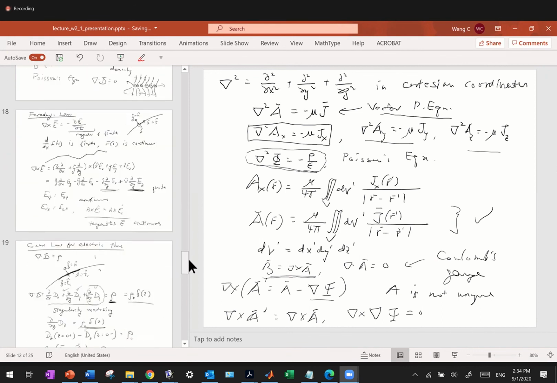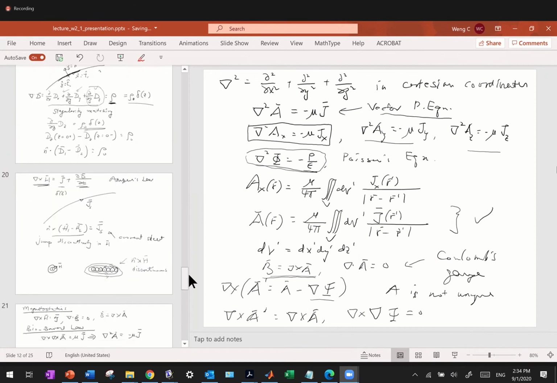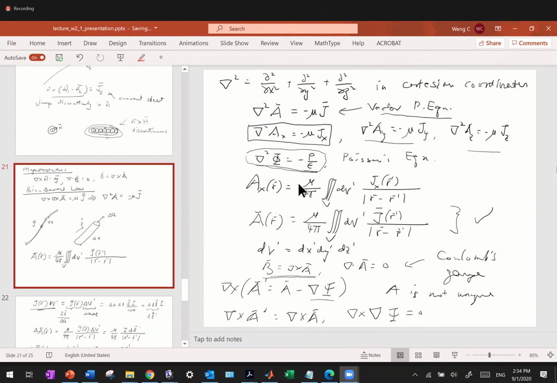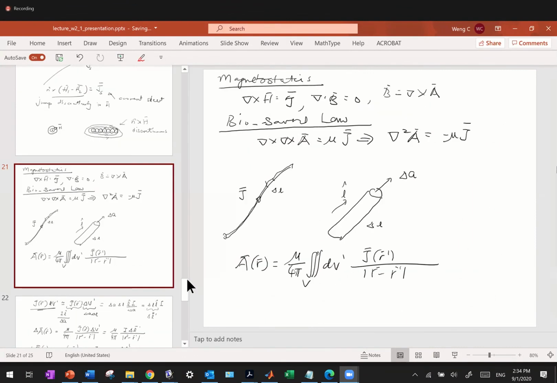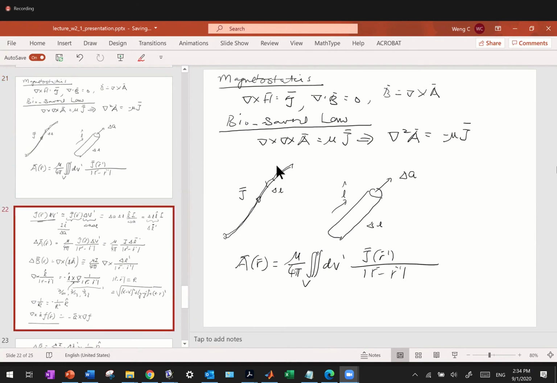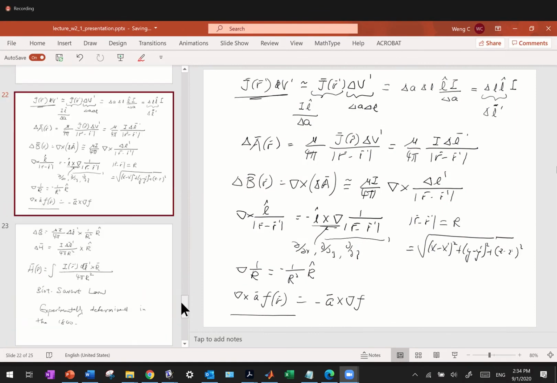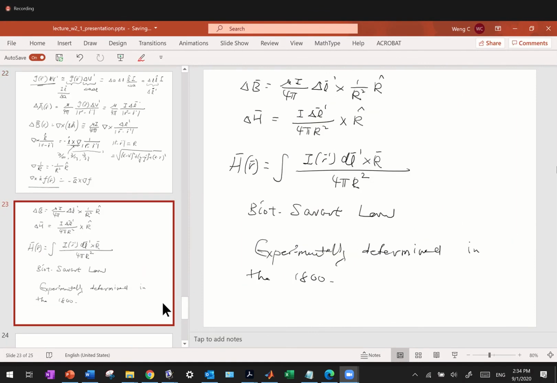the algebra is kind of harried. If I put in the incremental current element here and go through the algebra carefully, you can actually derive this Gauss Law. That is the amazing and wonderful part about what we have learned so far.